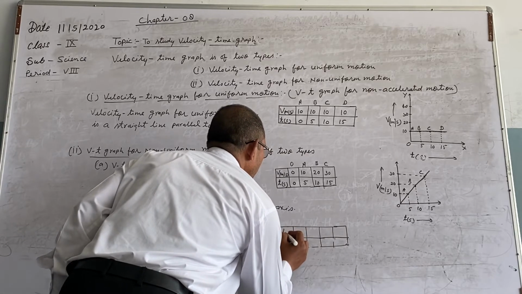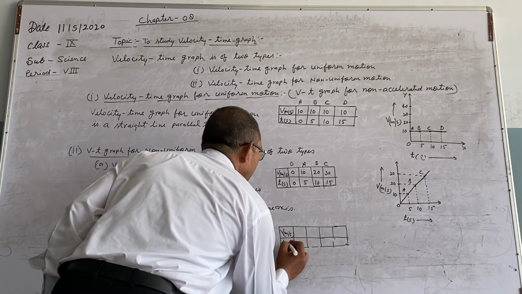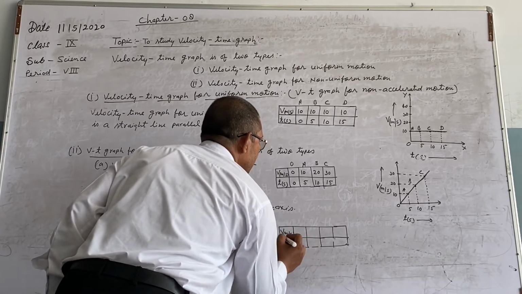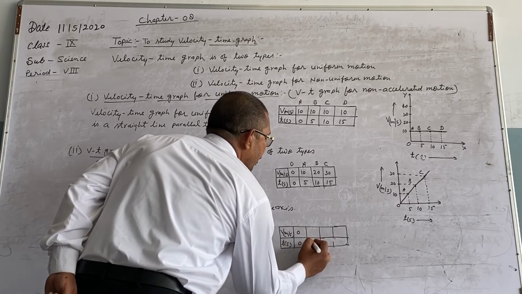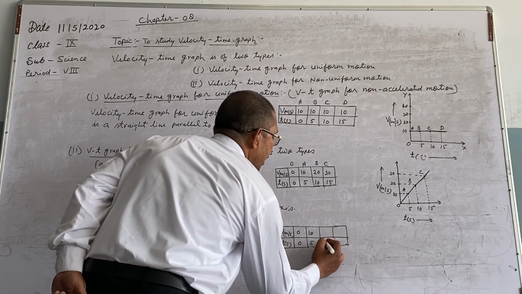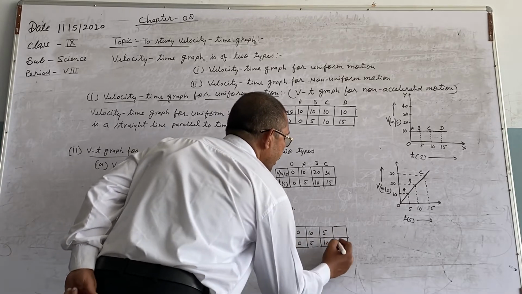V meter per second, time t in second. Let time t0, velocity is 0. After 5 seconds, velocity is 10 meter per second. After 10 seconds, velocity is 5 meter per second.